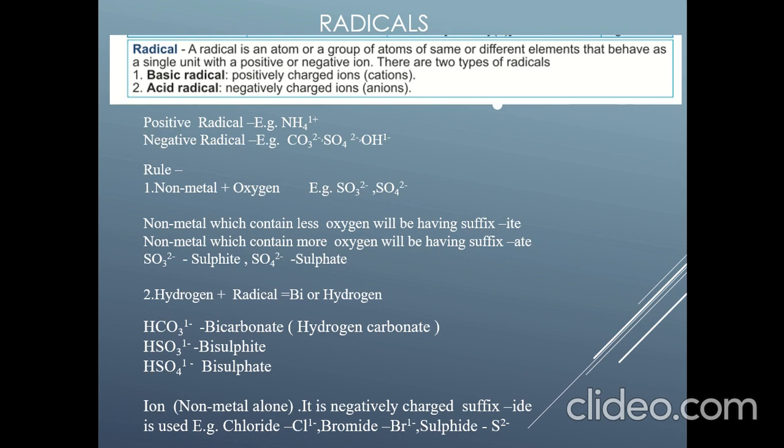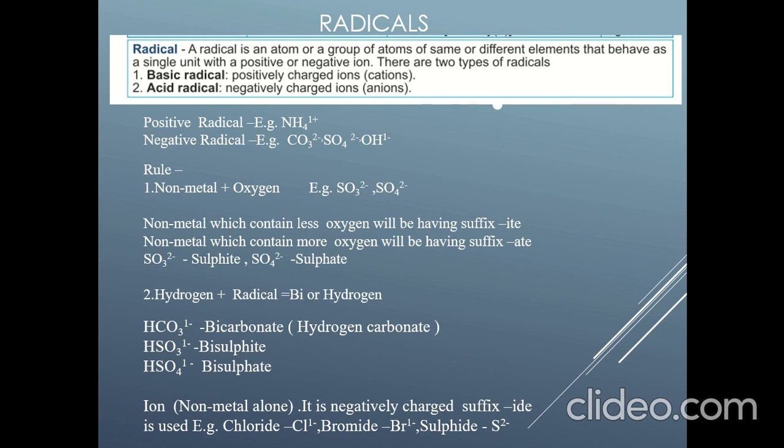For example, sulfur is a non-metal which combines with oxygen to form sulfite. Then again, sulfur is a non-metal which combines with oxygen and forms sulfate. So a non-metal which consists of a lesser number of oxygen will have the suffix ite, and a non-metal which contains more oxygen will have the suffix ate.